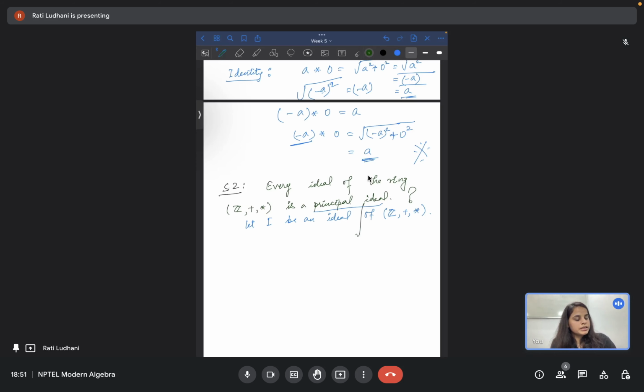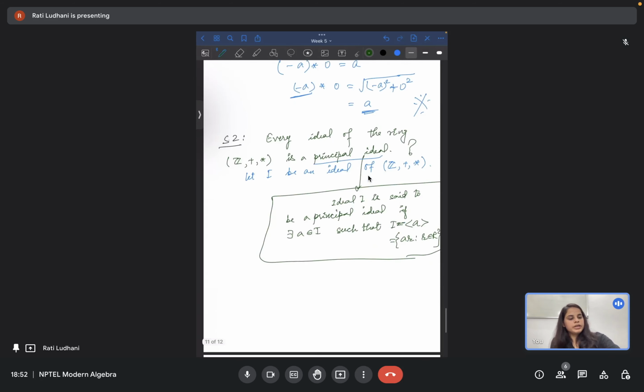Any ideal I is said to be a principal ideal if there exists A belongs to I such that I is equal to generated by A. So generated by A means the set A times R, where R belongs to the ring. So you can write all the elements as a multiple of some element. That is the definition of principal ideal.